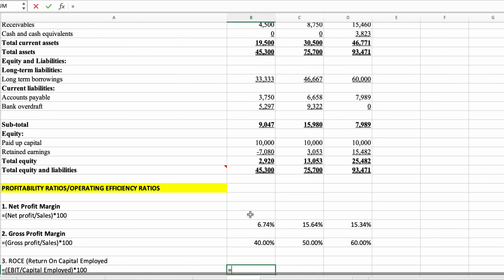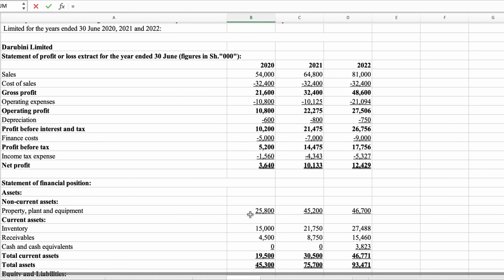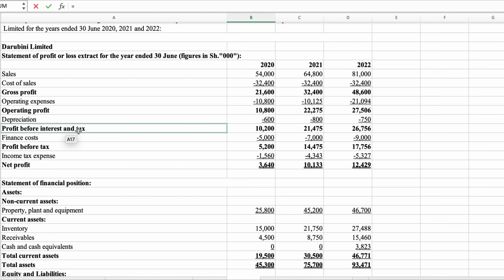So this is given by, we will start with EBIT, earning before interest and tax. Here we have profit before interest and tax, which is the same as earning before interest and tax. So we will take this, which is 10,200, divide by capital employed.